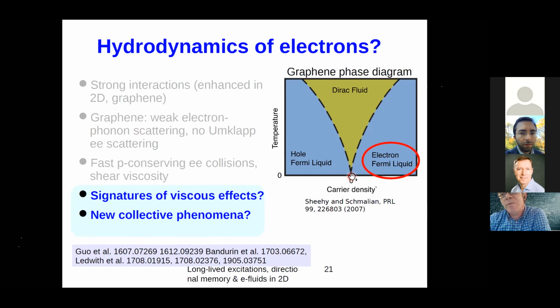There is a Dirac point where the Fermi surface shrinks to 0, and then you can think about hydrodynamics of gapless Dirac particles, or you can detune from the Dirac point and go into the Fermi liquid regime that we talked about. One can detune in a different way and go to the hole Fermi liquid, and all of that is under active consideration, both theoretical and experimental. I will talk about one third of that problem. What happens if you have a Fermi liquid?